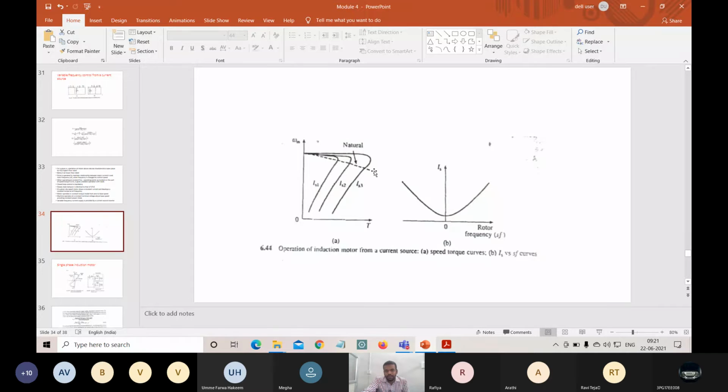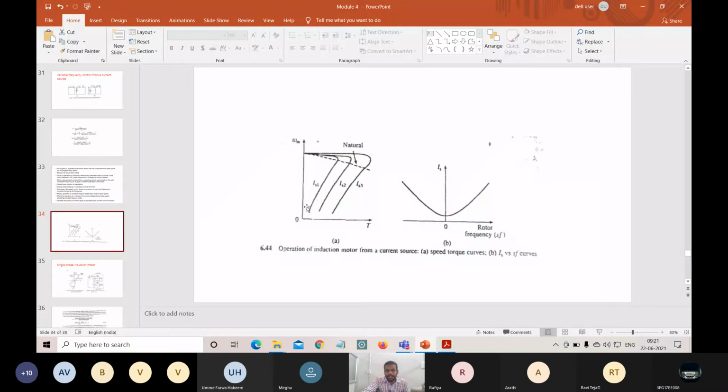That I have already told. So at all the speeds, at all the frequencies, the speed will be maximum, and the torque will be maximum at maximum speed. So this is the characteristics. Based upon the stator current, three different characteristics are mentioned, three different stator currents: IS1, IS2, IS3.